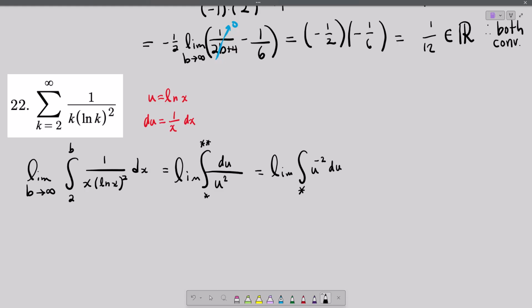So this is our integral, and that's a pretty easy integral. We add 1 to the exponent and divide by the new exponent, so we get u to the -1 over -1, which we can all write as -1/u pretty easily.